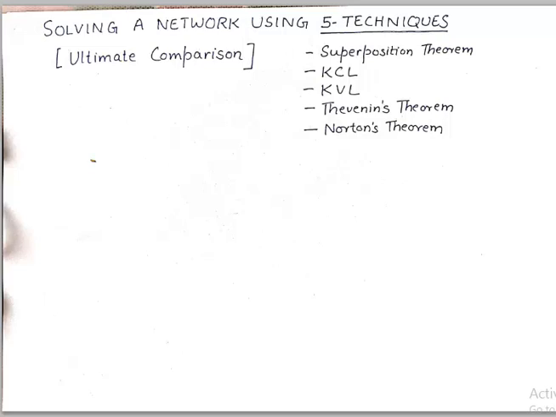We know that if we've been given a network, we can solve that network using these 5 techniques: superposition theorem, KCL, which is nodal analysis, KVL, which is mesh analysis, Thevenin's theorem, and Norton's theorem. Now the biggest question is to decide which one to use when.